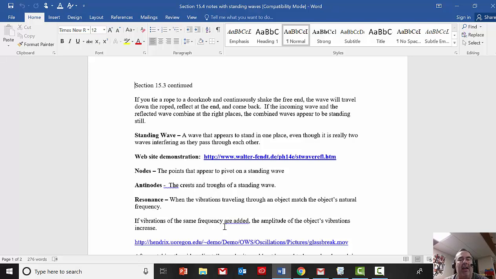And as they vibrate back and forth, they themselves have their own natural vibration or natural frequency. But when we create a vibration that matches the object's natural frequency, we're basically getting constructive interference occurring, and that resonance can break that glass.